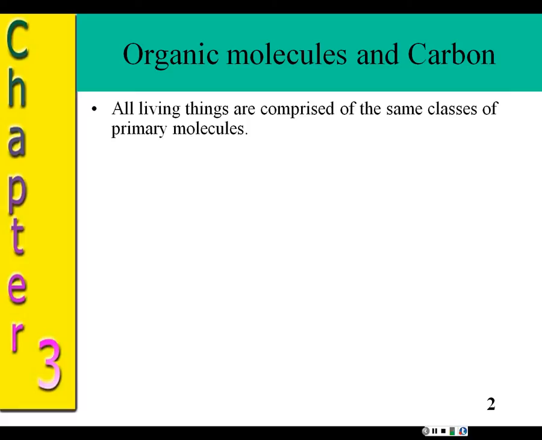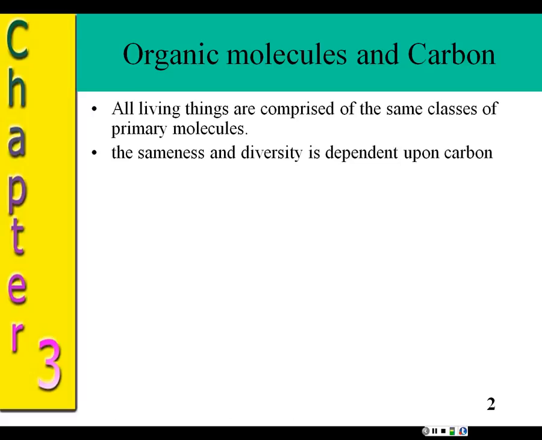So the carbohydrates, the nucleic acids, the proteins, and the lipids are all living materials. And every last one of those includes carbon. So carbon is a part of every one of these.